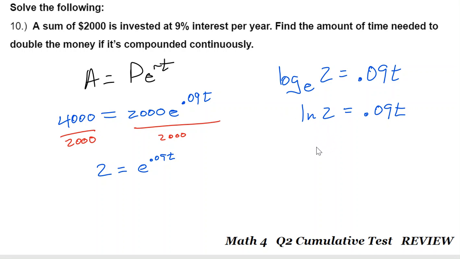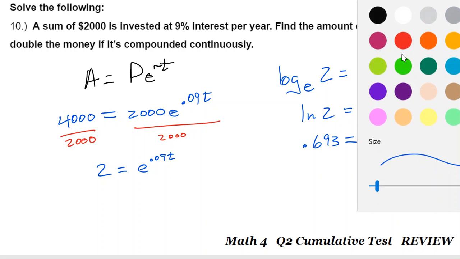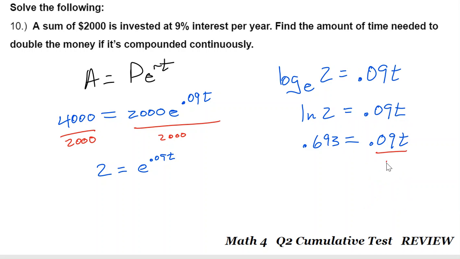And so natural log of 2 is about 0.693. And by the time I divide both sides by 0.09, I wind up with 7.7. It would take about the same amount of time.